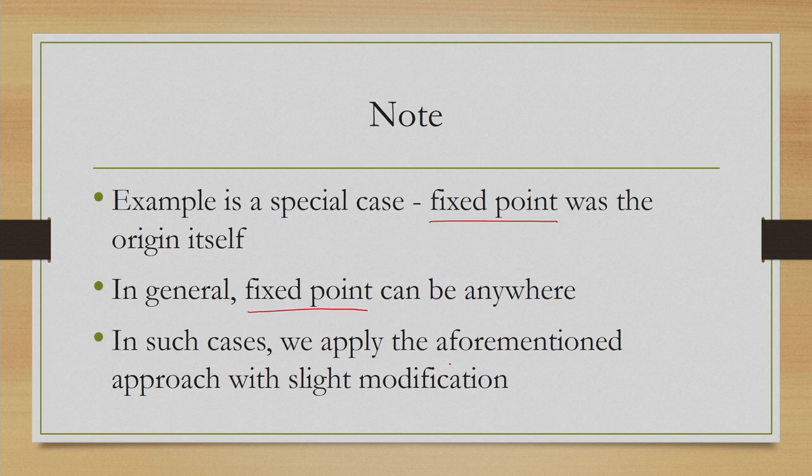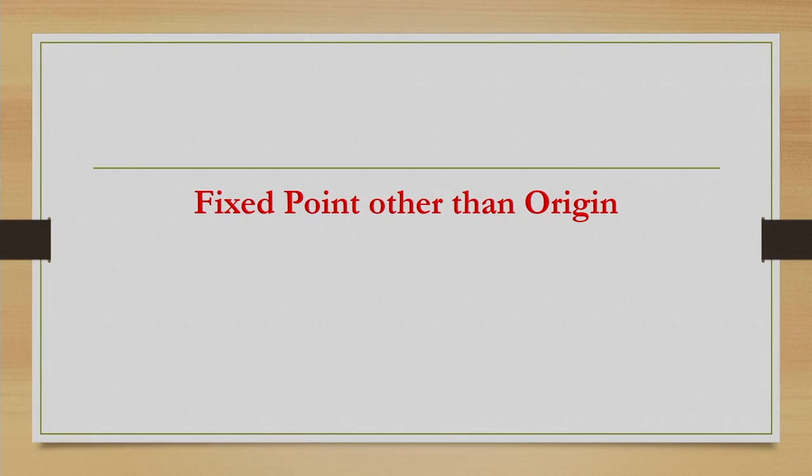We apply the approach that we have seen earlier in the example, but with slight modification. So, our approach when we are considering a fixed point which is not the origin is slightly different. Let us see how it is different.